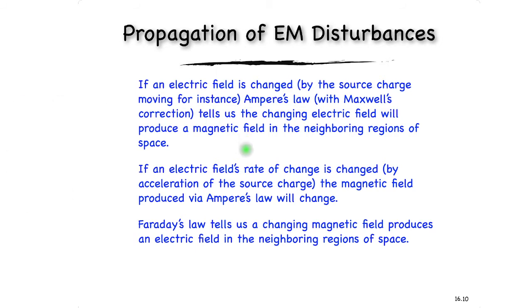And if the electric field amplitude is changing, that's going to change the magnetic field. And if the magnetic field changes, that's going to change the electric field. And if the electric field changes, that's going to change the magnetic field. And that's what propagates as a wave that we call light, or radio waves, or microwaves, or gamma rays, or X-rays. Any form of electromagnetic radiation is driven by these interactions.